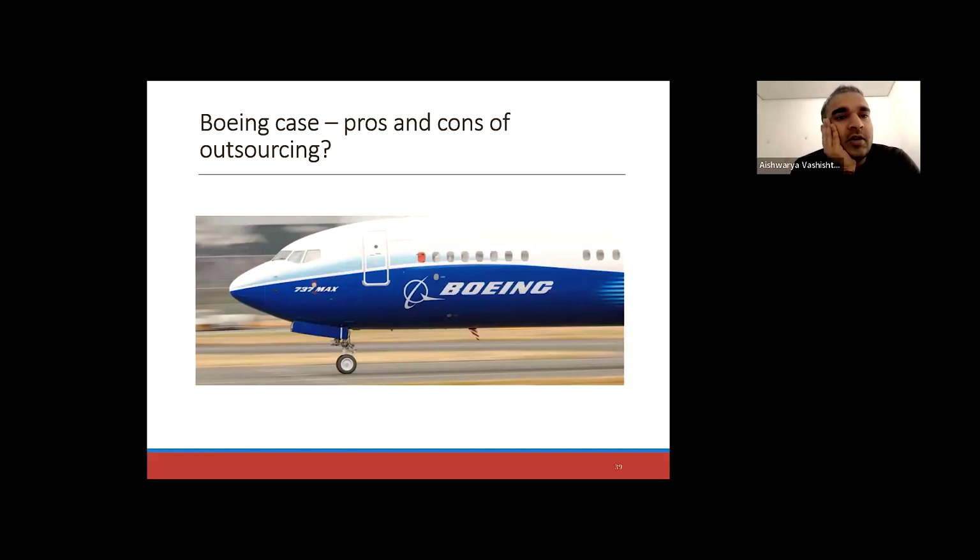Now, if you outsource, if you say that we'll get our engines made from Japan because Japanese firms are so good at making engines, and if we give tire manufacturing to Thailand or Vietnam, what do you think the probability would be that Japanese airlines or Vietnamese airlines would place orders with Boeing rather than Airbus? Airlines in the world have only two options to place orders with, either Boeing or Airbus.